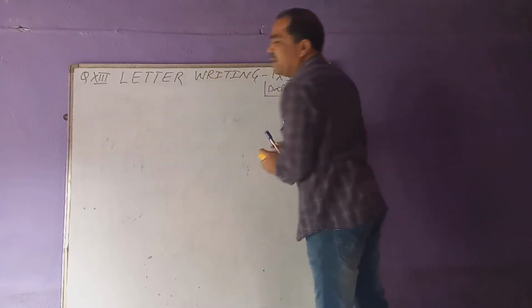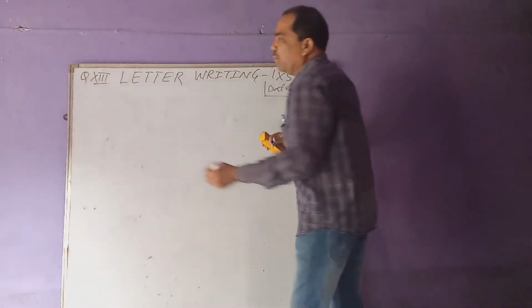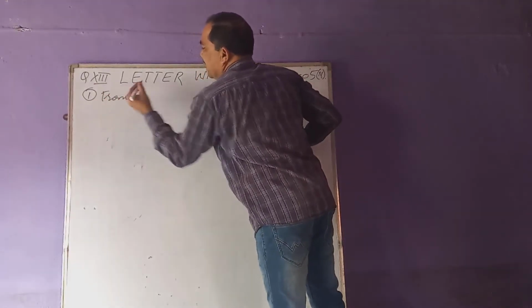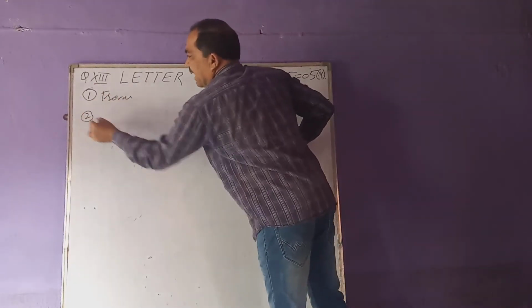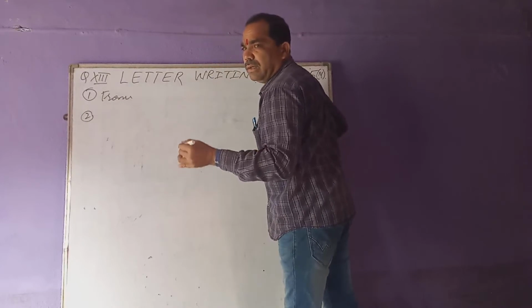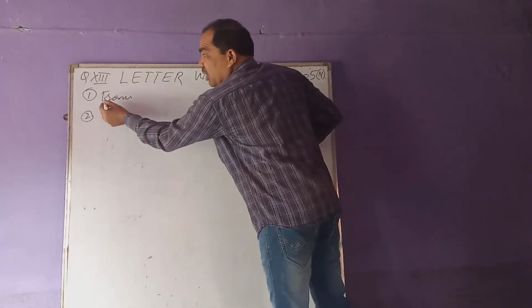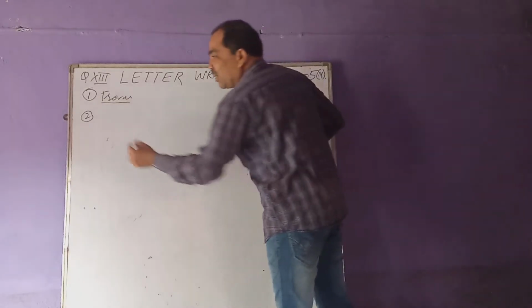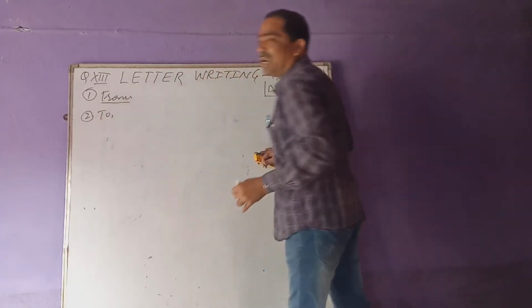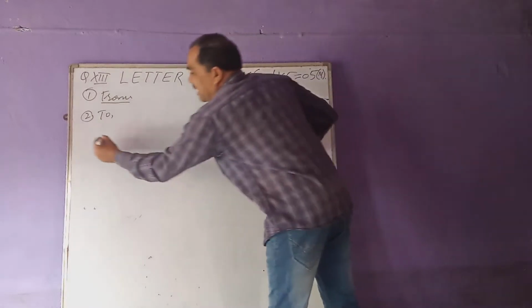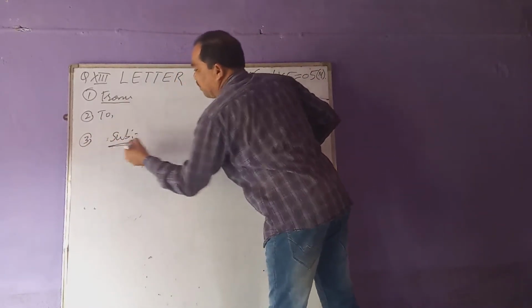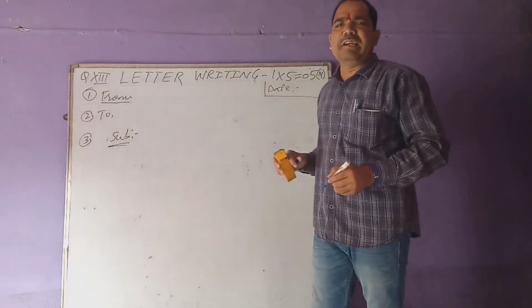The first step, I told you, is the address of the person who is writing a letter, and the second step is the address of the person to whom you are going to write a letter. Now the third step, what is it? The third step is the subject. Understand, this is the key. It is a very, very important thing in letter writing.